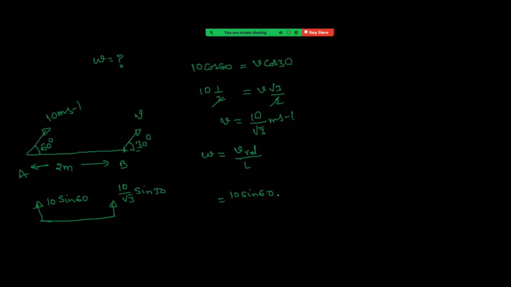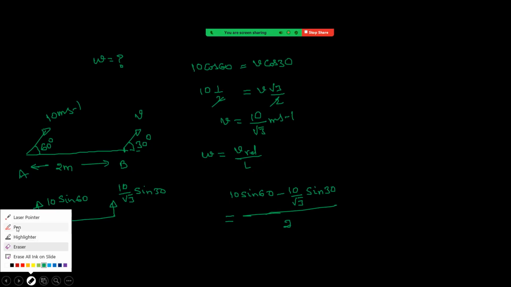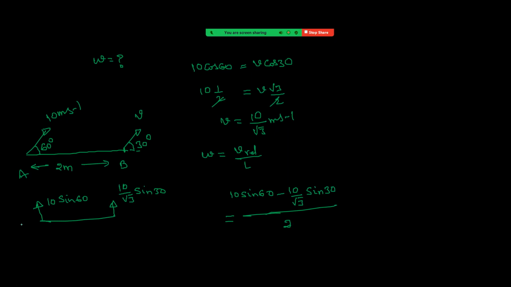So V relative is 10 sin 60 minus 10 by root 3 sin 30 upon the separation between them, that is 2. Okay. Now see the calculation. Let's see how much we get.